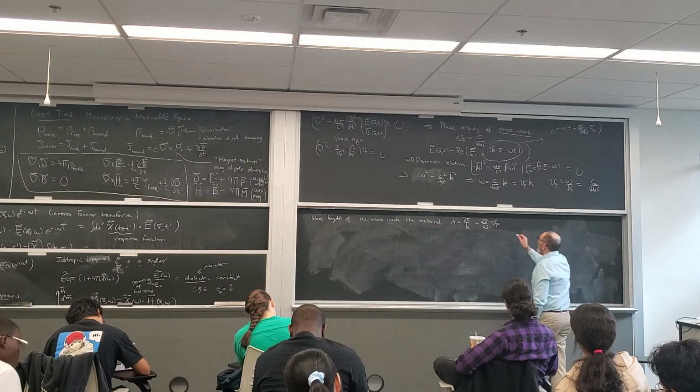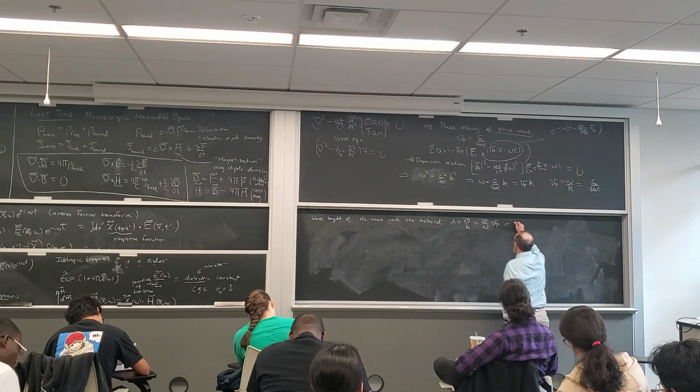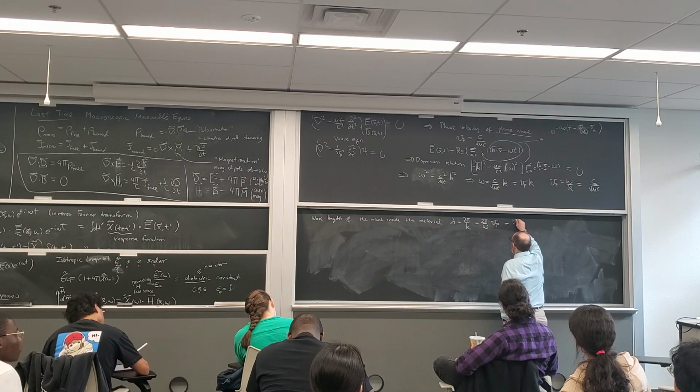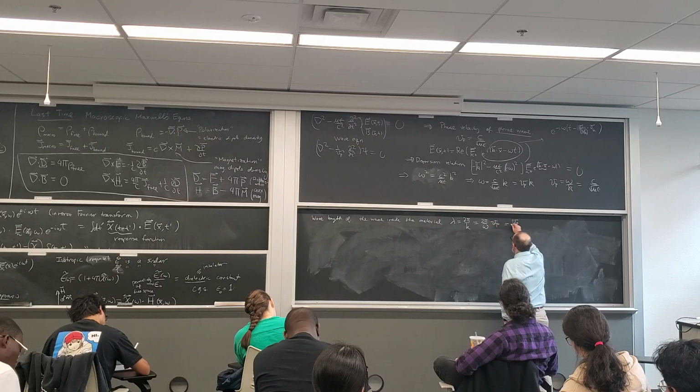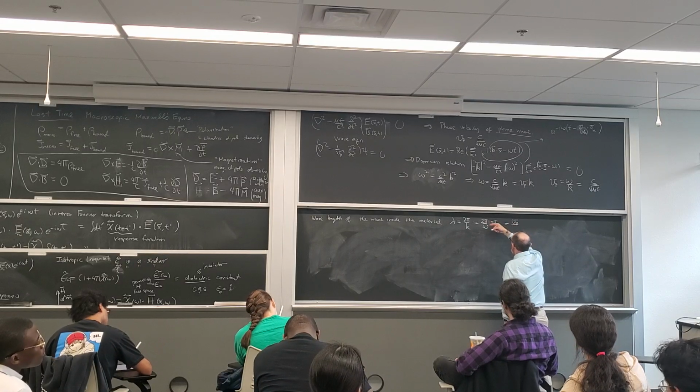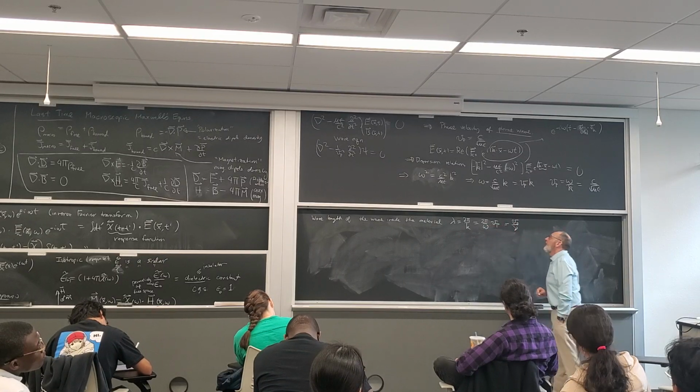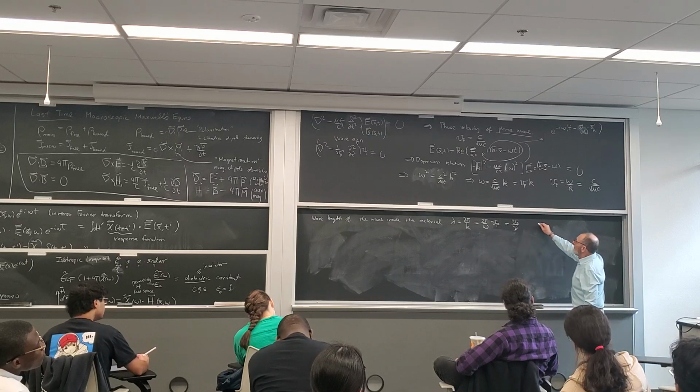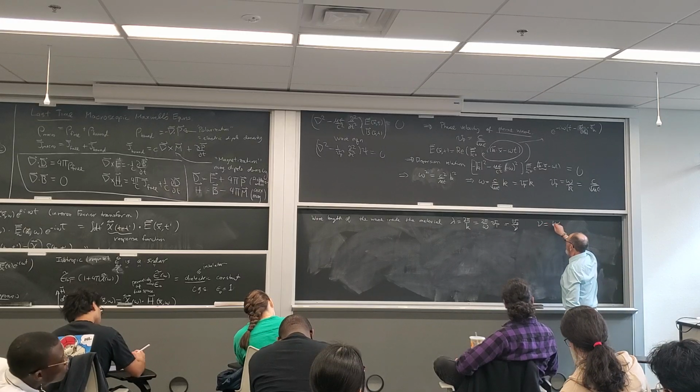So if I think about this, 2 pi over omega is the period, which is 1 over the frequency, where nu is equal to omega over 2 pi.